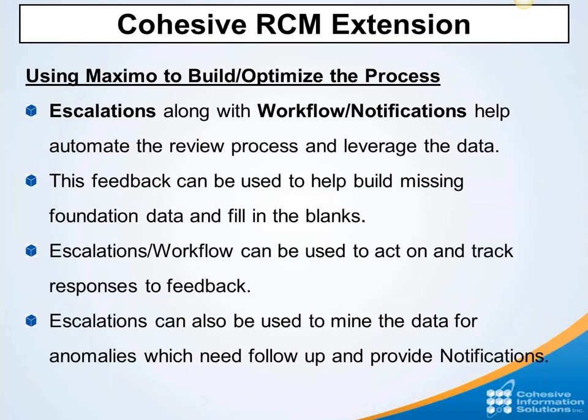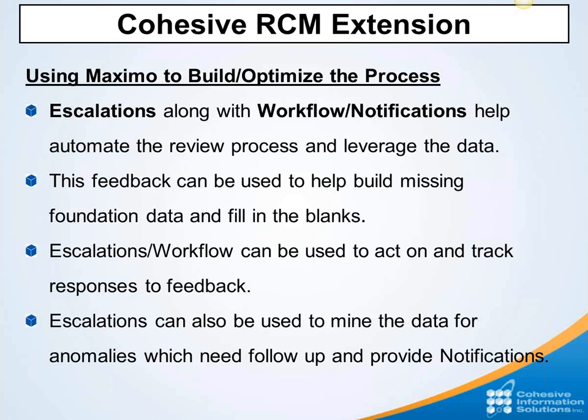So again, using standard Maximo tools, basically escalations, now that we've got actionable data in the system, we can create escalations to look for things that need follow-up and then use either workflow, simple workflows, or notifications through emails to automate that review process and leverage that data.